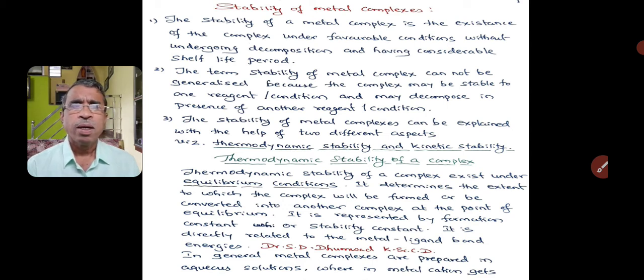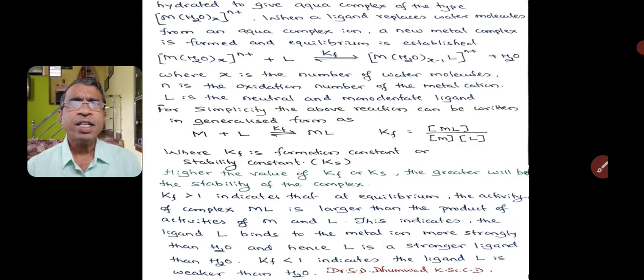In general, metal complexes are prepared in aqueous solutions, wherein the metal cation gets hydrated to give aqua complexes of the type M(H2O)x, whose oxidation state is n+. When a ligand replaces water molecules from the aqua complex ion, a new metal complex is formed and equilibrium is established between the two.